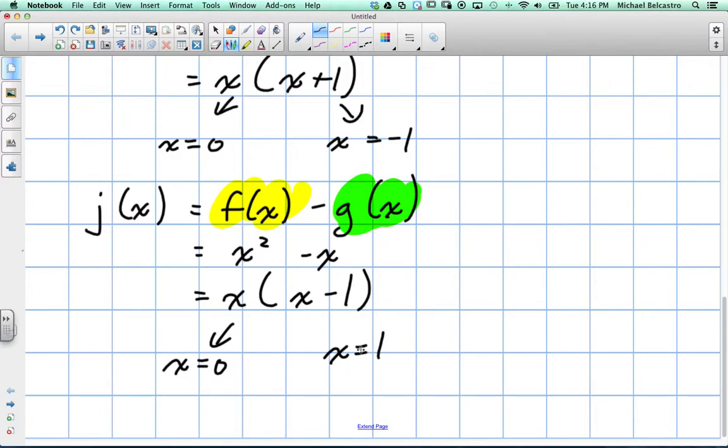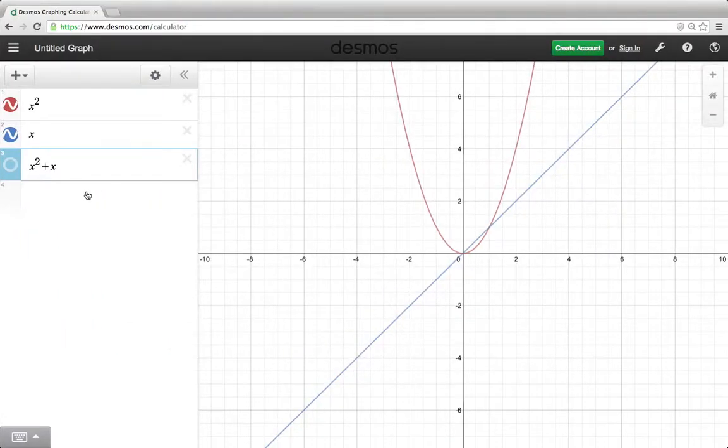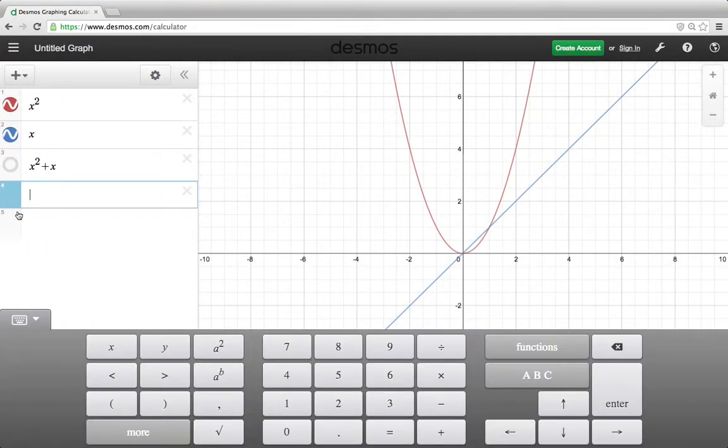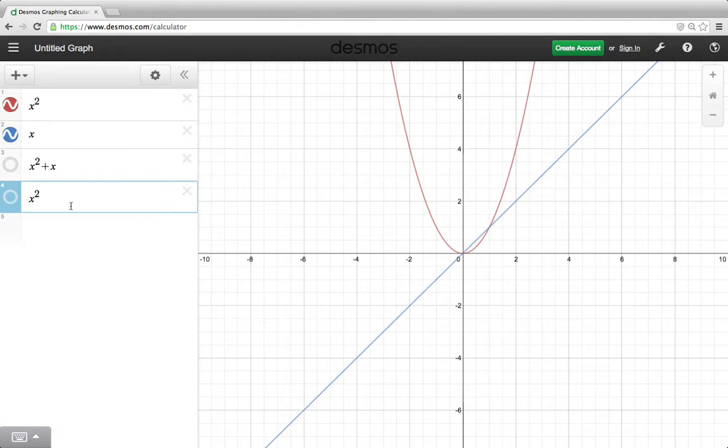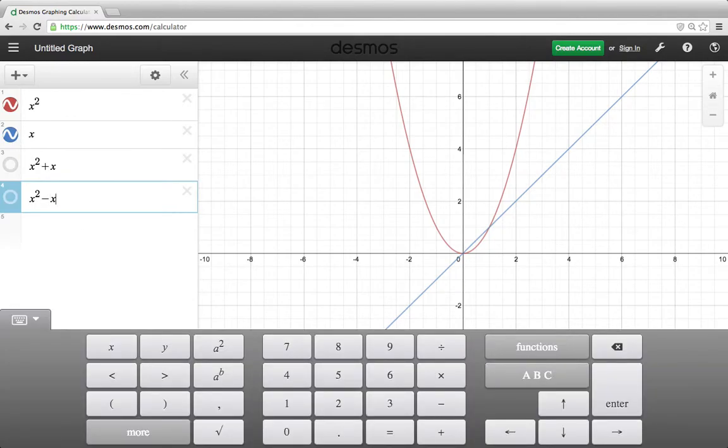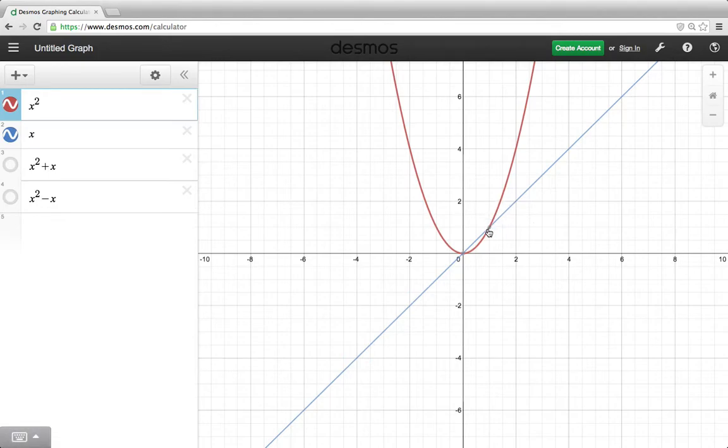Now with that same idea, we should be able to subtract our values on our other page. So let's go to our other page, and I'm going to write this in, x squared minus x. I'm going to turn it off because I just don't want to see it yet. We haven't seen it yet, but using this same principle, because we know that both these values are 1 here, that same spot we talked about first, when we subtract the two y values, 1 minus 1, what should our new y value be when x is 1? 0.